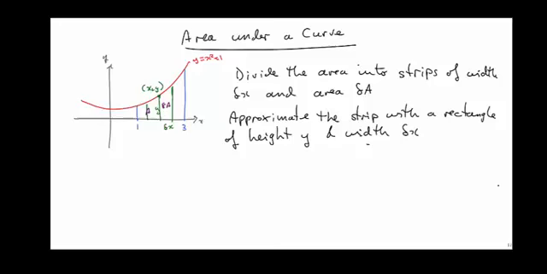Approximating the area of the strip delta A as a rectangle, delta A is approximately y delta x, and dividing by delta x, we have delta A divided by delta x is approximately equal to y.